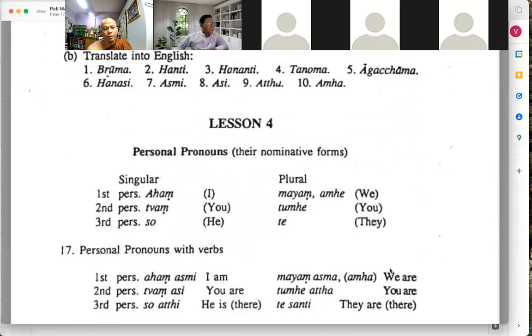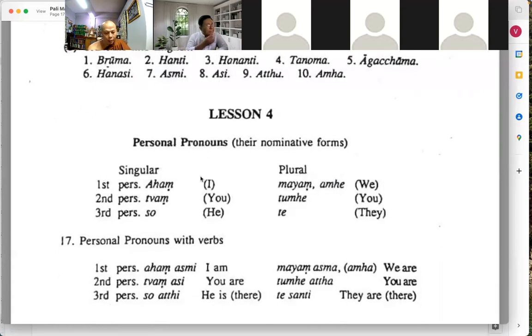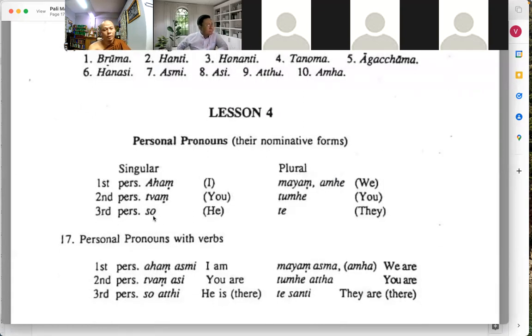So that is here you see. So personal pronouns, they are nominative forms. So nominative is just a case ending for the noun. Later we will learn. Okay, just leave it, so as not to be confused in your understanding. So personal pronouns for subjects. So third person, singular is so, meaning he, plural is they in English.